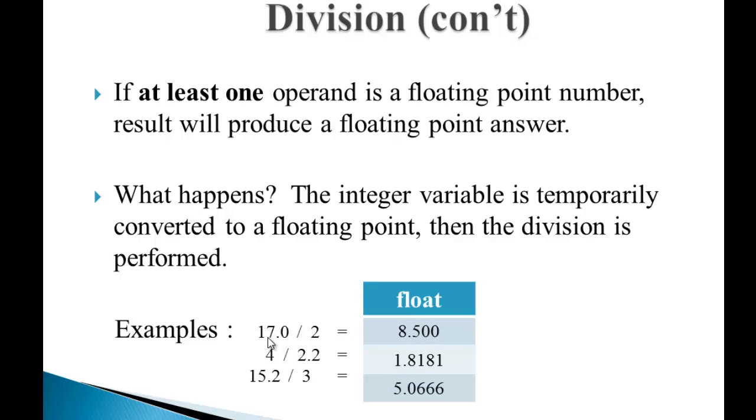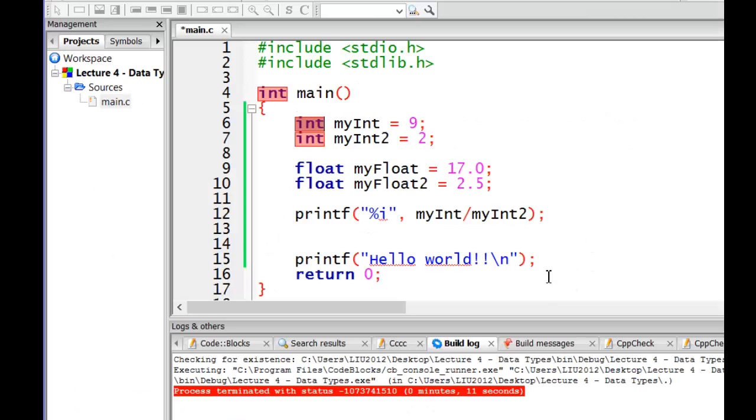So in that case, if you do 17.0, which is a floating number, divided by 2, which is a non-floating number, the non-floating number will get temporarily converted to a floating number, and then the division is performed in this case, and you get 8.5. So let's prove that in Codeblock real quick.